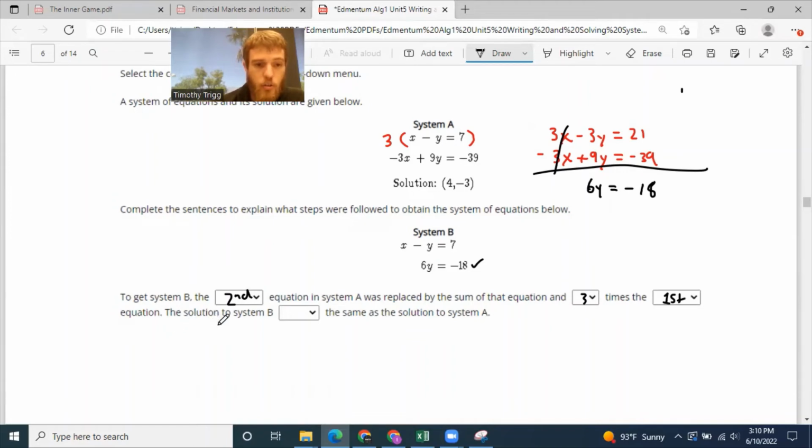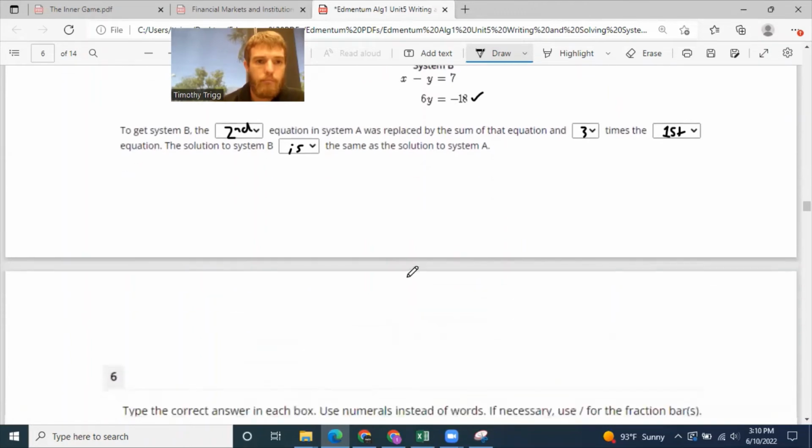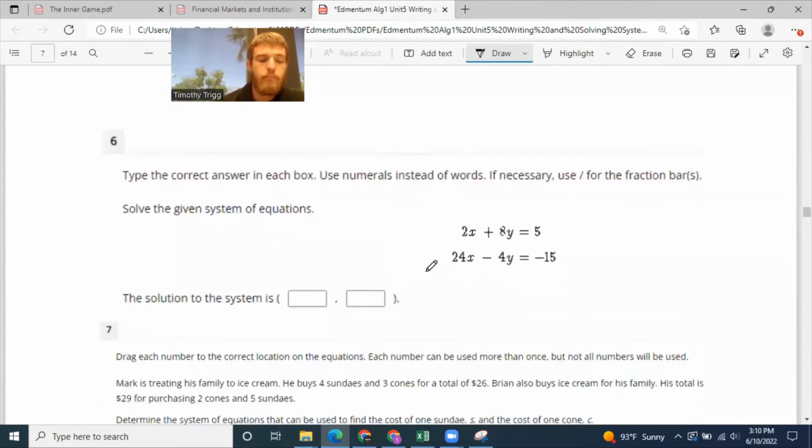The solution to system B is the same as the solution to system A. Okay. Next one.